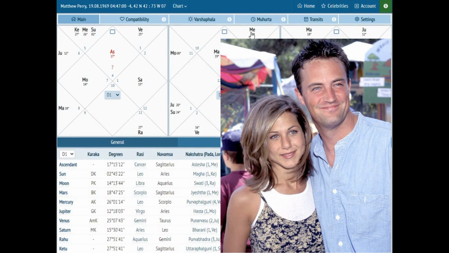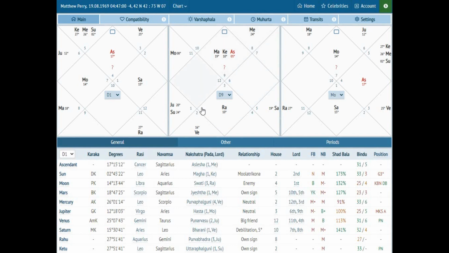Others are, for example, this chart here, where you can see how you can build relationships with your partner. So here you can see more about partnership relationships. Here is more like a childhood chart.